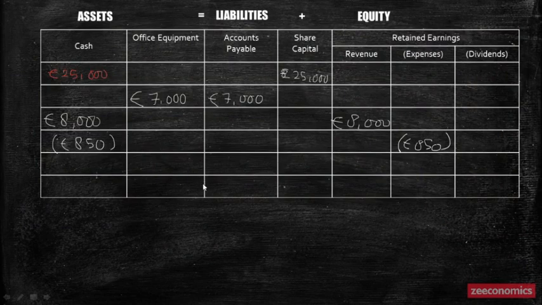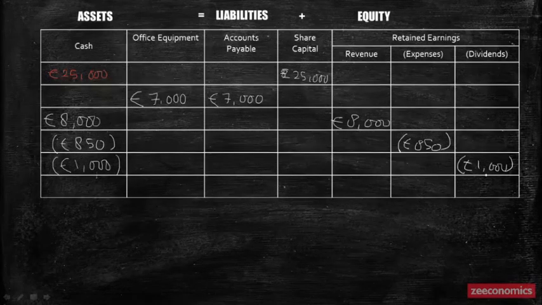This will decrease the asset in terms of cash for 1,000 euro. So we put the bracket and put the number 1,000 euro. And also, you need to put the bracket here in the dividend for 1,000 euro. So there you have it.